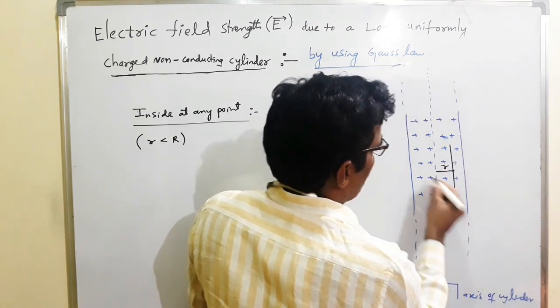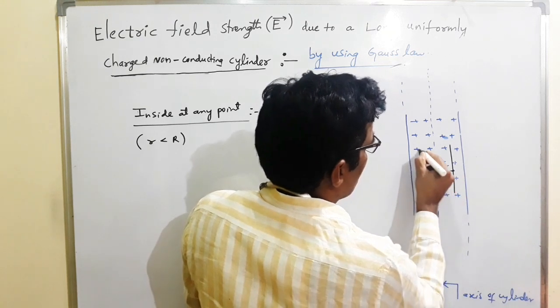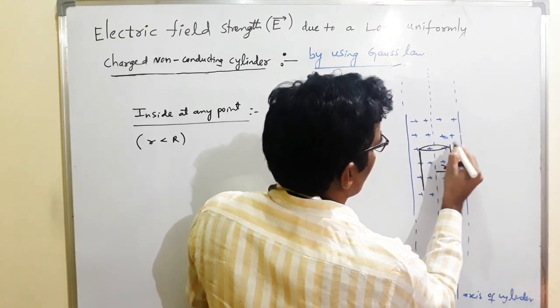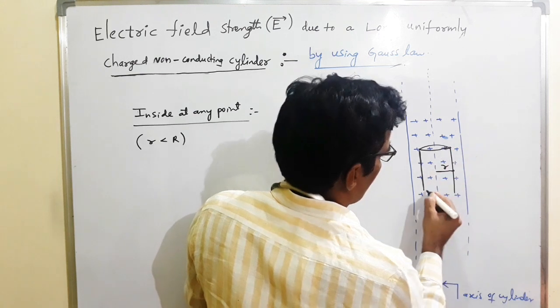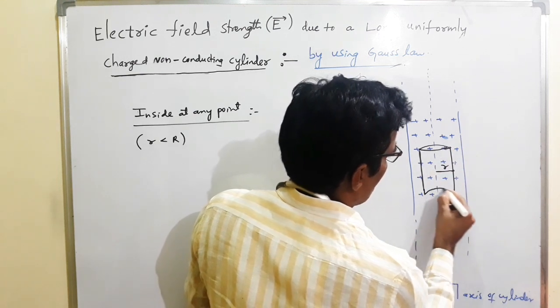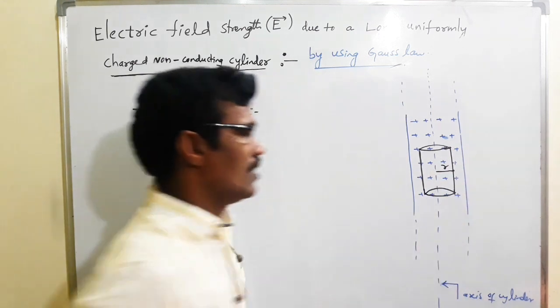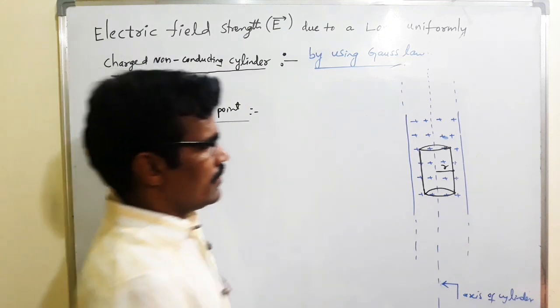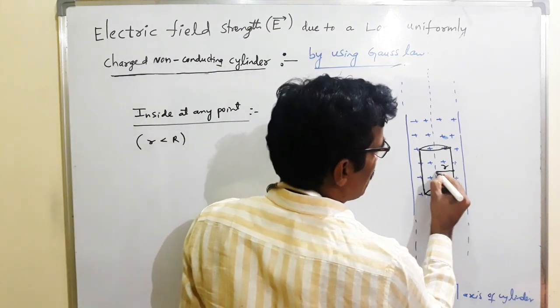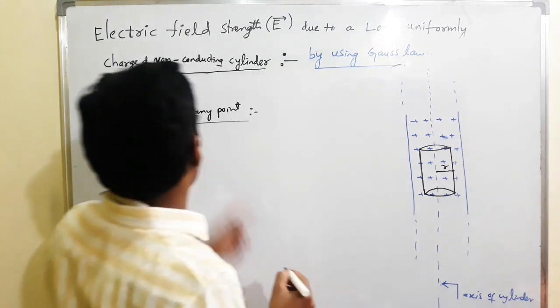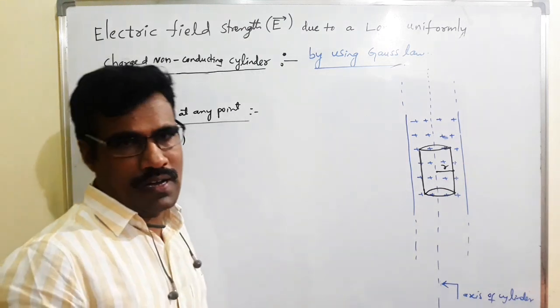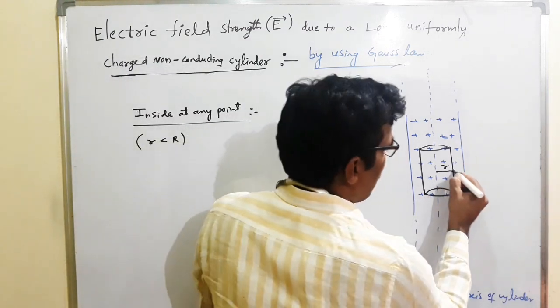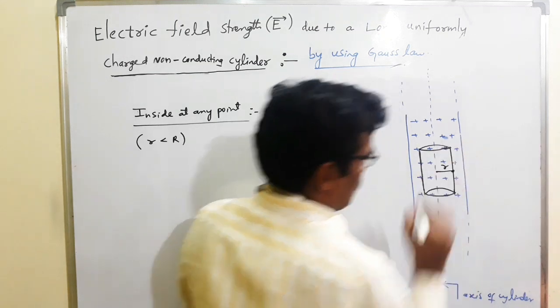Draw the Gaussian surface. This is the Gaussian surface, a Gaussian cylinder. The radius of the Gaussian cylinder is smaller, so here small r is less than capital R. We want the field at this point from the axis.